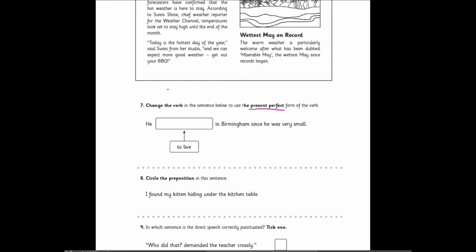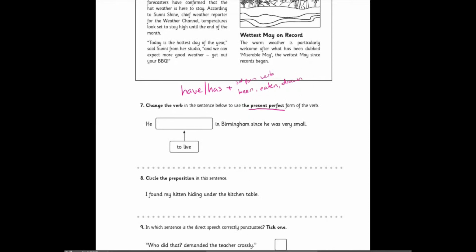So present perfect, that means we use have or has plus the third form of a verb. Those are things like been, eaten, drawn. Okay, the third form of verbs.